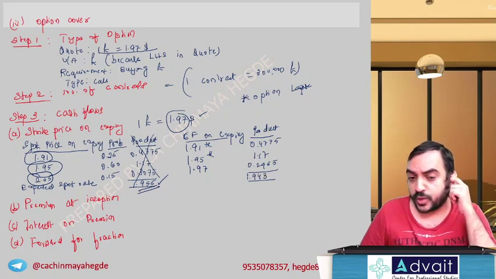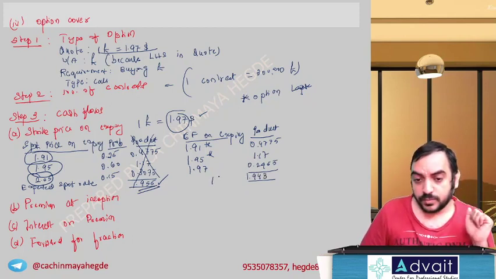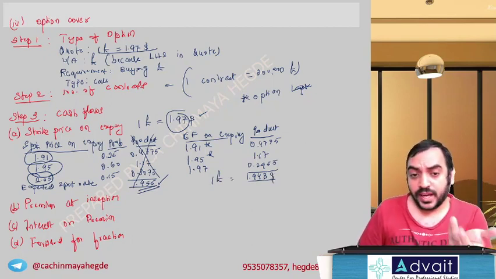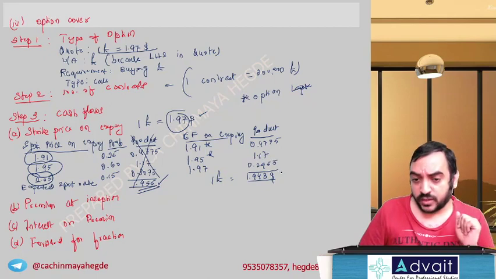So what is this 1.943? One pound equals $1.943. This is for 1 pound. And there is no lot size here, one contract. Lot size is the entire invoice amount, 3 lakh pounds.